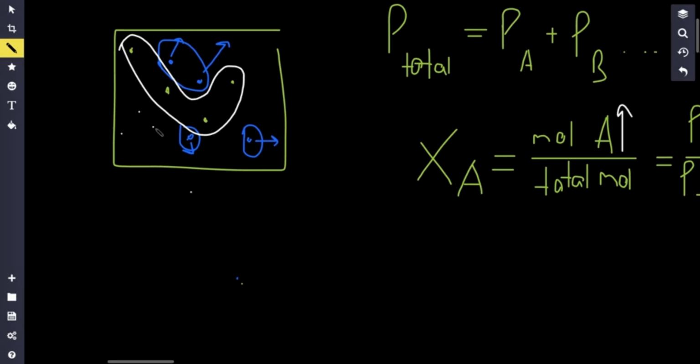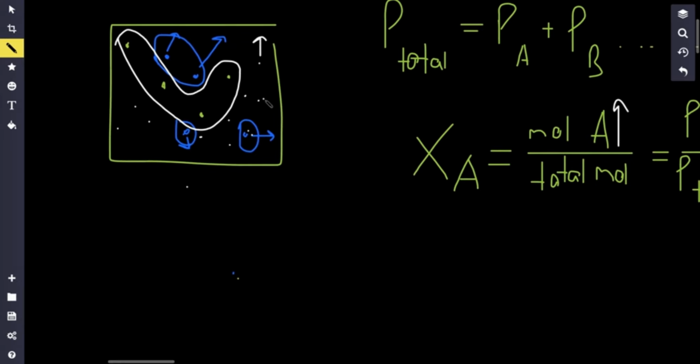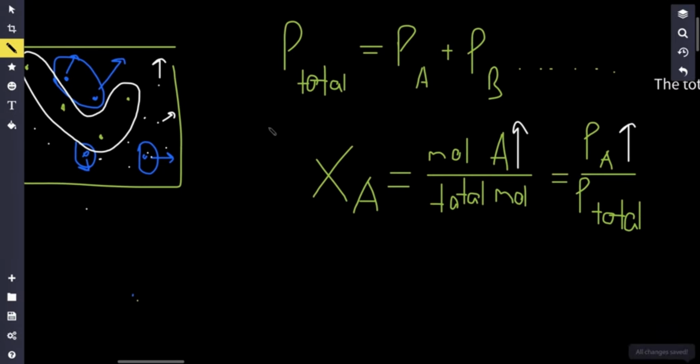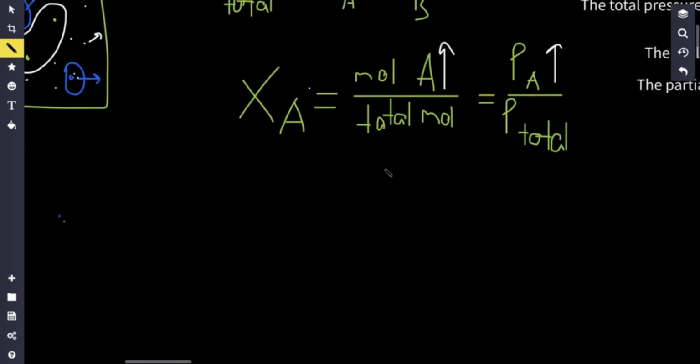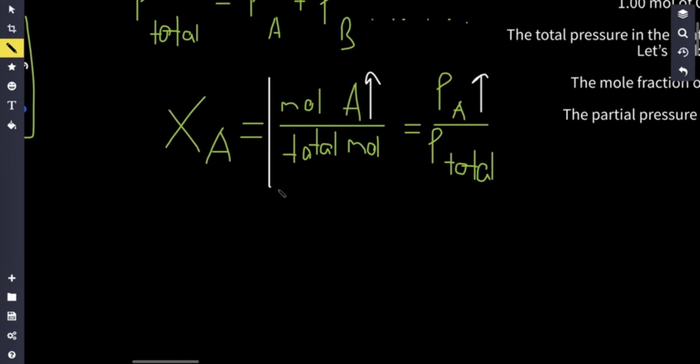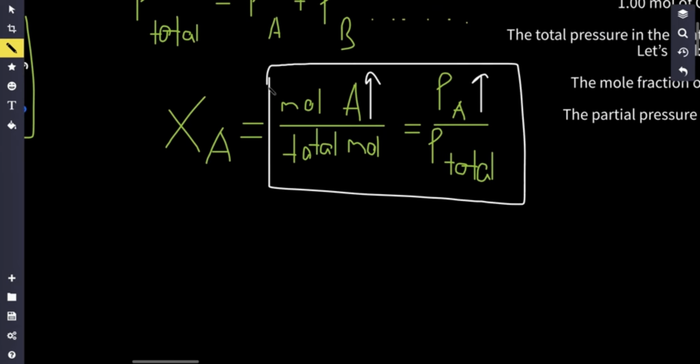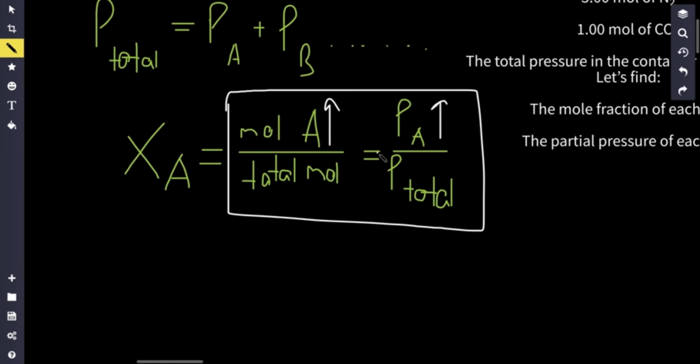If you have more gas particles in the container, more of them are going to bump into the walls. Therefore, the pressure is going to increase if you increase the amount of moles of A. Now this equation is a pretty nice equation. It says that the moles of A divided by the total amount of moles is equal to the pressure exerted by A divided by the total pressure.